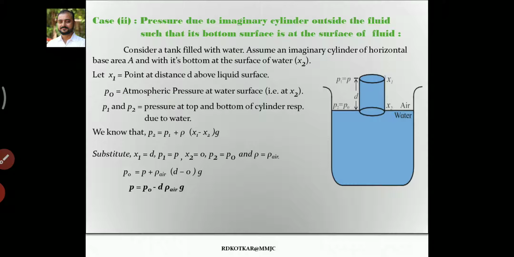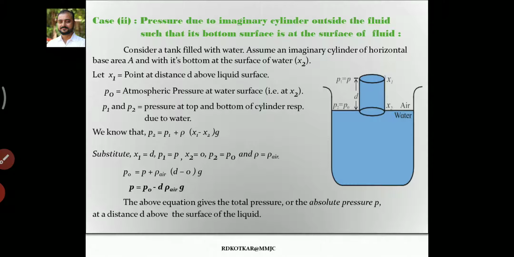To get the value of pressure we shuffle the terms, that is P is equal to P0 minus d into rho of air into g, and so this equation gives us the total pressure, or absolute pressure P, at a distance d above the surface of liquid.